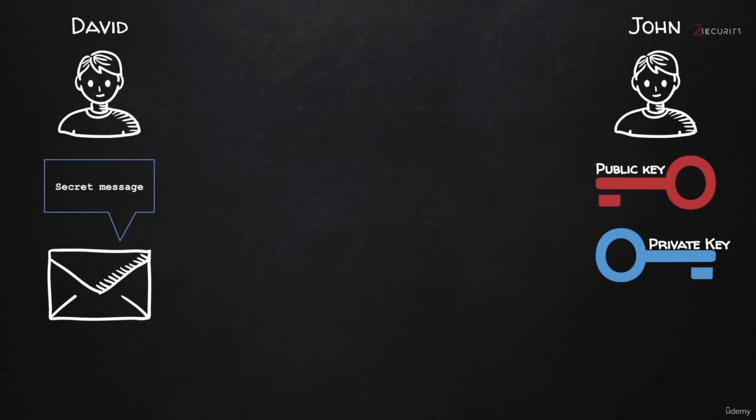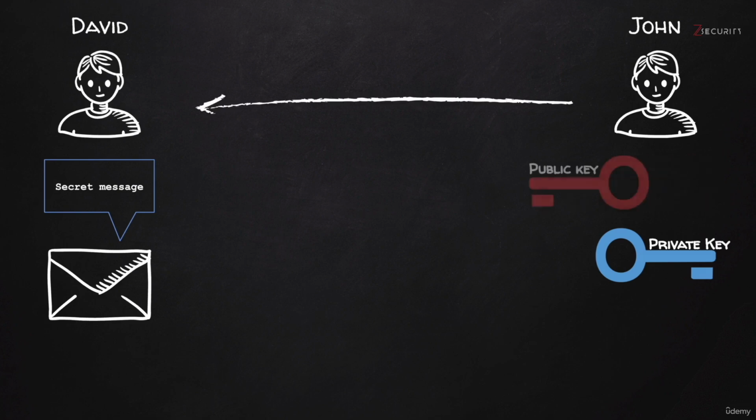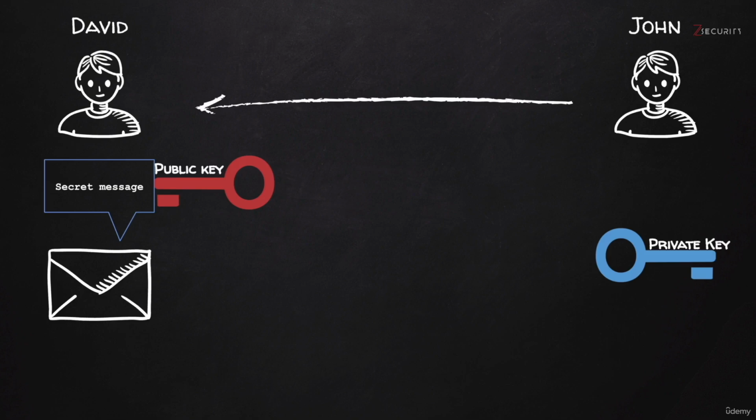Like I said, these keys are mathematically linked, and John is going to send the public key to David, to the person that will send the message. So the public key can be shared with anybody. You can actually make it public on the internet, on key directories. It doesn't really matter, because it cannot be used to determine the private key. Therefore, it's completely safe to share the public key.